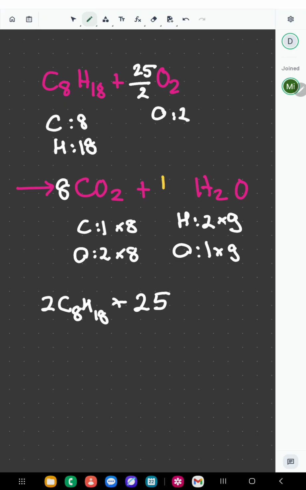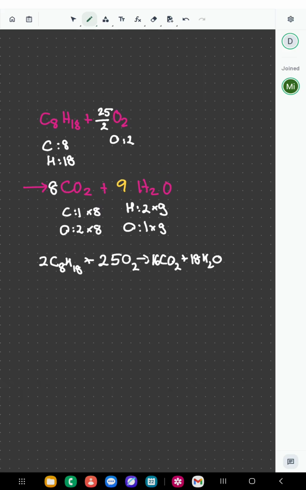You forgot to write 16 here. 18? No, 9. 9, right? I forgot. You forgot to put 9. Okay. I just put it because it's blank. I don't see anything, so I wrote in yellow. Okay, so 2 plus 25O2 plus 16, then 18. Yay, that's correct.